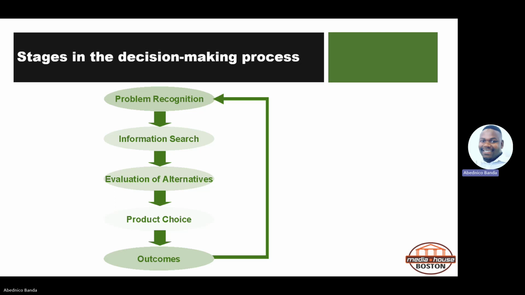Once you've got that information, you then evaluate all the choices that are at your disposal. Once you've evaluated all the alternatives, you then make a choice. And once you make a choice, you then have what you call post-purchase evaluation. So you actually think whether the choice that you made was right or not, was sufficient or not.